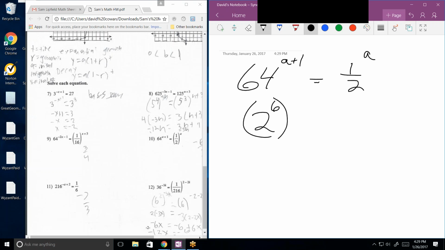Okay. So that's 64 right there. It's to the same exponent. How do I write 1/2 in terms of 2? It's 2 to the minus 1.